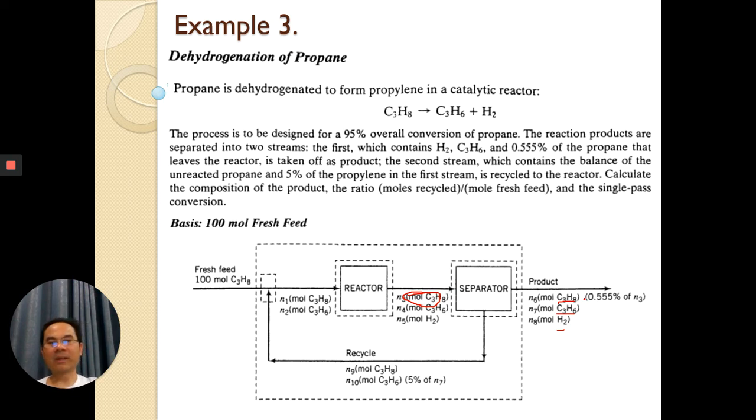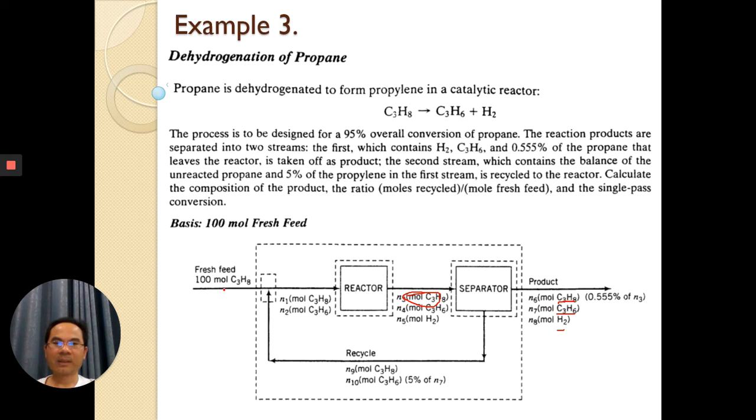The question is to calculate the composition of the product, the fractions of N6, N7, N8, something like this. And the ratio of mole recycle per mole fresh feed to the process, and single pass conversion. After you consider the problem statement, you can make the basis.